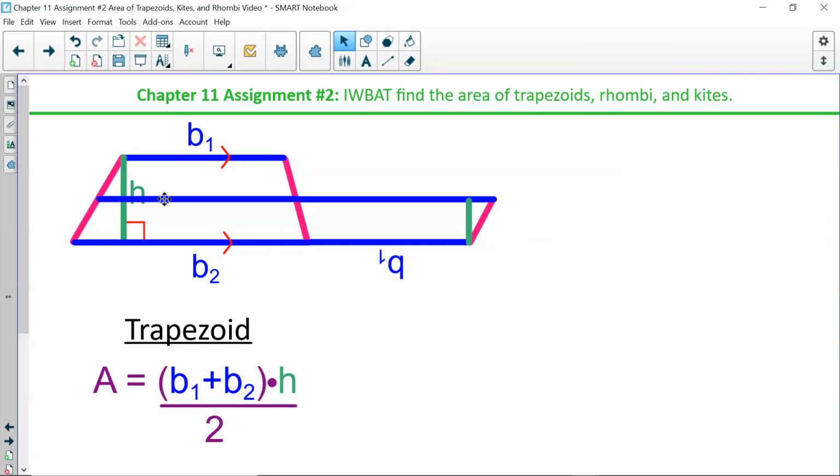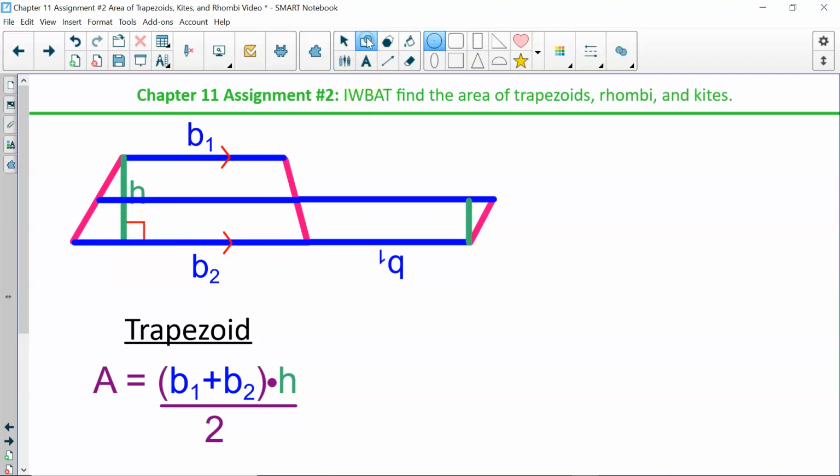So I'm just going to put this midsegment back in, and you can see that when I lined up that top portion from the midsegment up, and I slid it over to the side, I turned it upside down, and I moved it right up against the bottom portion, notice that that creates one long skinny parallelogram.